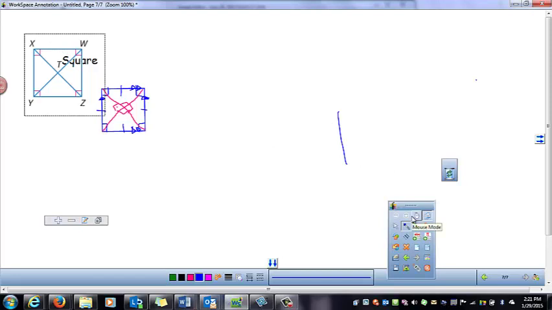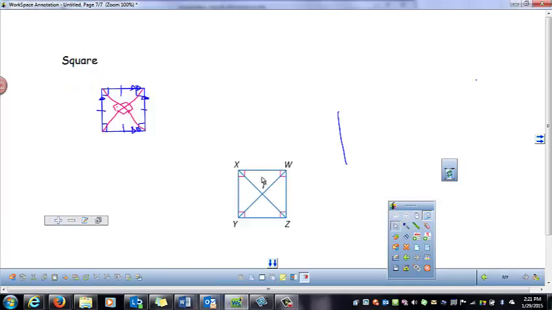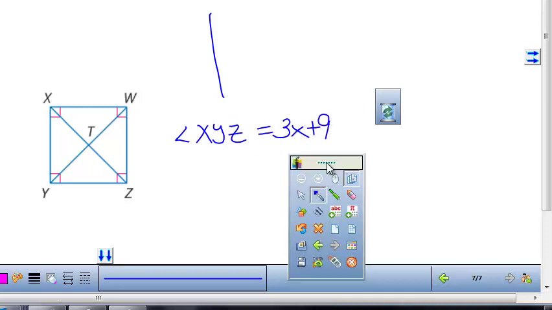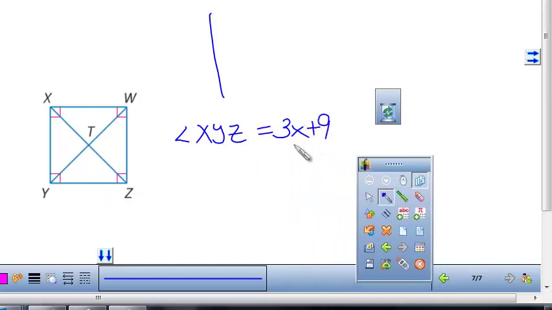Now, let's add algebra to this. If angle XYZ is 3x plus 9, what does x equal?